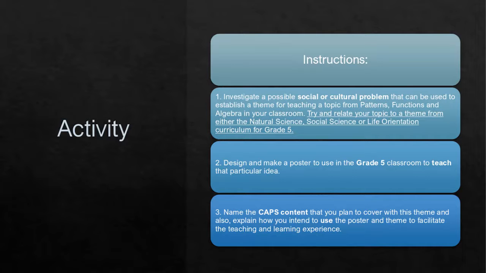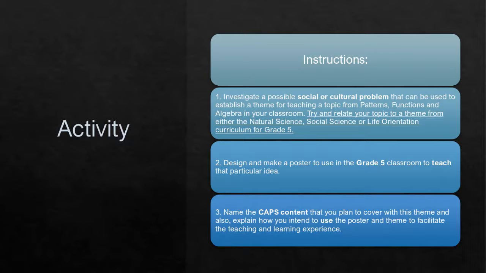Social or cultural problem, that can be your theme for your poster. You have to teach a topic from patterns, functions, and algebra, either number patterns or geometric patterns or number sentences.